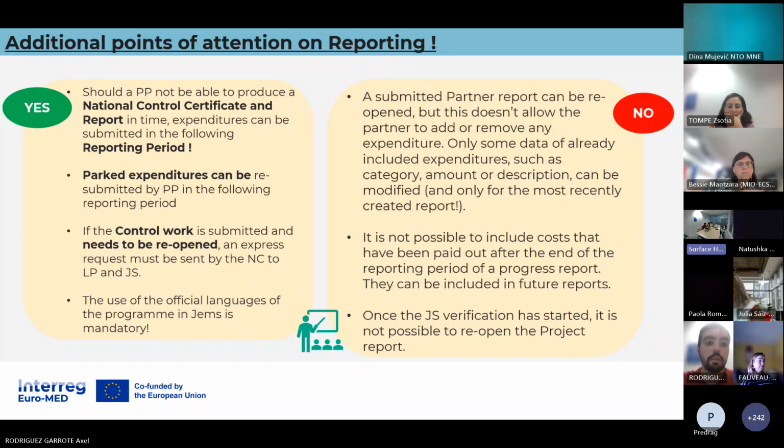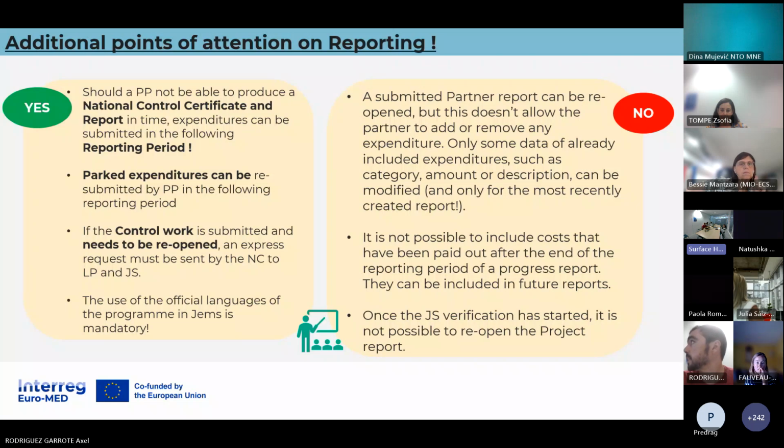The national controller can also park expenditures when analyzing your list of expenditures. Maybe some expenditure doesn't have enough documents, it can park it, so you can include it in the following project partner report whenever you want.